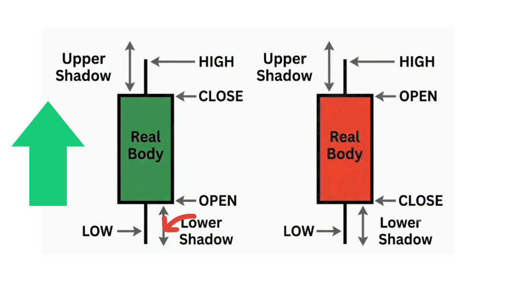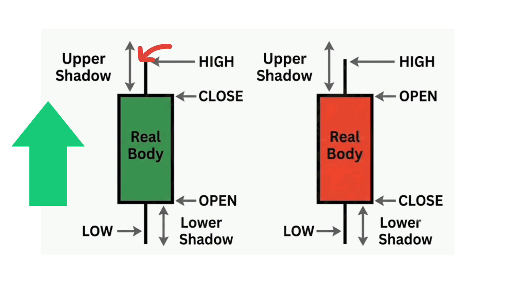Then the bottom here is labeled lower shadow or low. That is the lowest point the market fell to after opening. And up above, you see high or upper shadow. That is the highest point the market rose to within that 5 minutes.